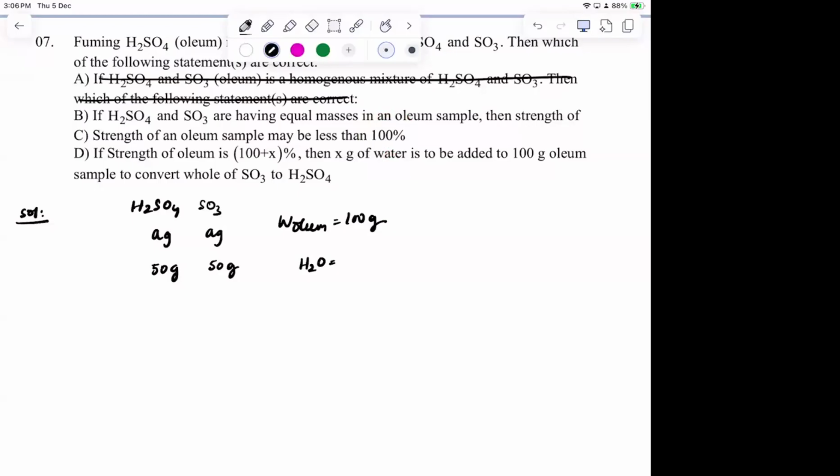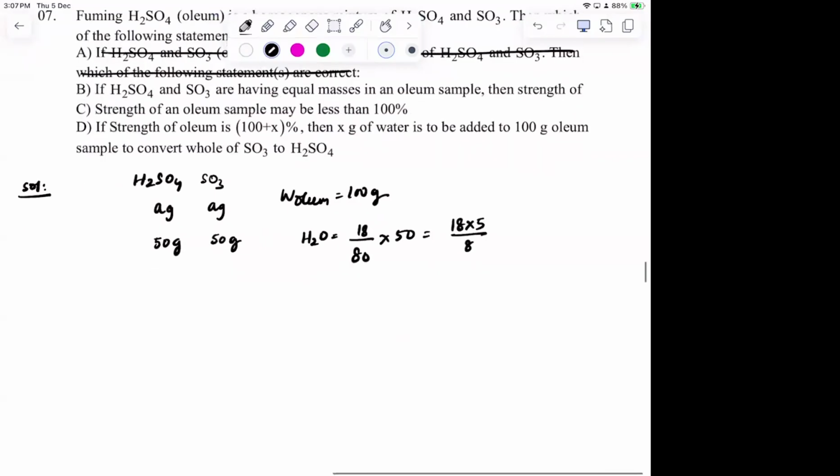So H2O that needs to be added by formula is 18 by 80 into weight of SO3, which is 50, correct? So 18 into 50 by 80. So this much is what needs to be added.